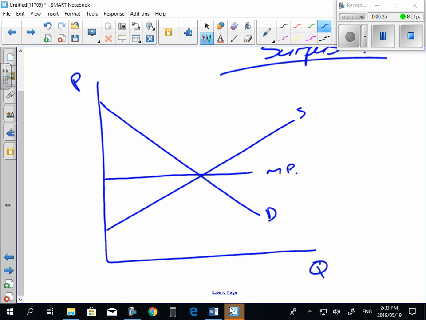Now, you can see where your original consumer and your original producer surpluses are in that case. What's going to happen though, when the government sets, let's say for example, a minimum price?